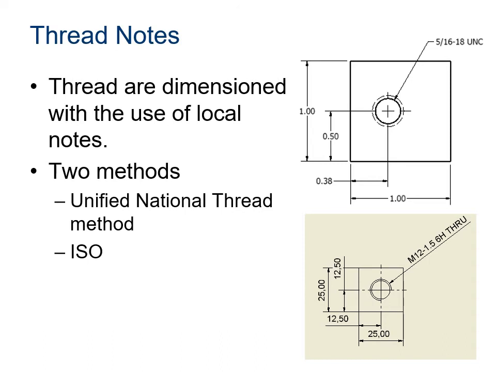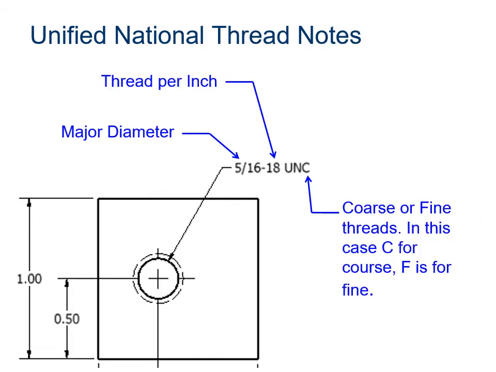In the bottom example, we have a different look to the note because it's in metric. Metric threads are identified a little bit differently. M stands for metric, and we're going to be working with millimeters, and the sizes are a little bit different. These are the same types of information that you would see if you go to a hardware store and walk down the aisle and look at the information on the packaging for the nuts and bolts that you could buy.